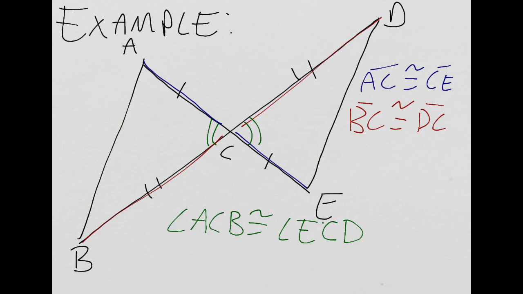So by side angle side congruence, I can say that triangle ABC is congruent to triangle DEC. And notice again that I kept my letters in the right order. A, B, C to indicate that they correspond to each other, and D, E, C to indicate that they correspond.